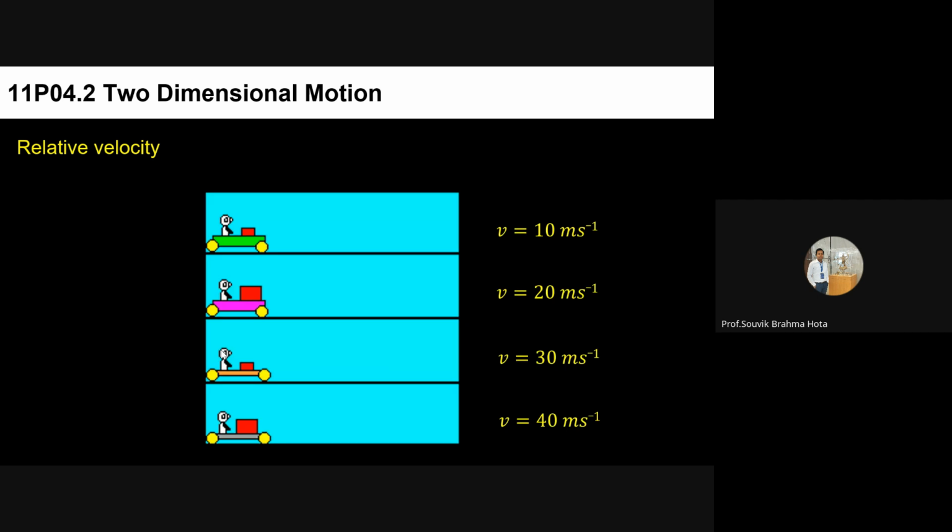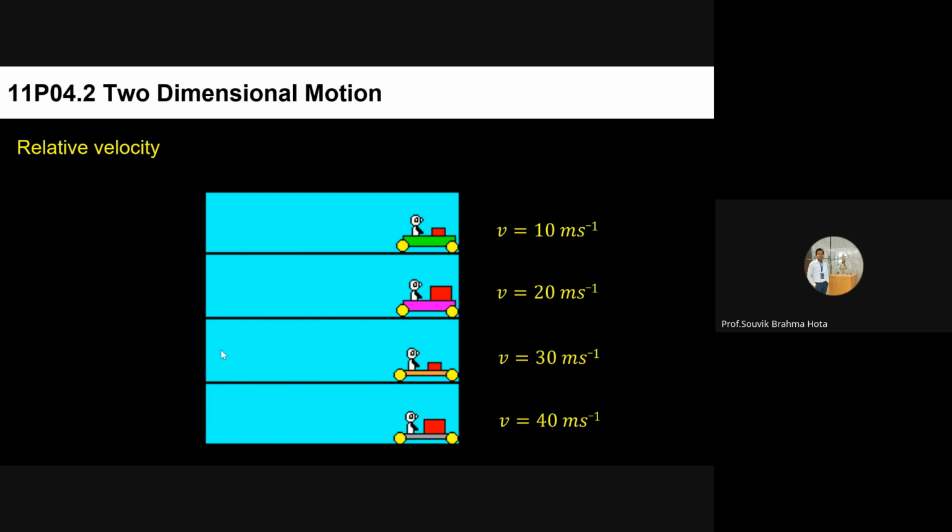Now you see here, four persons are traveling by some vehicle. The topmost has 10 meters per second, then 20 meters per second, then 30, then 40.